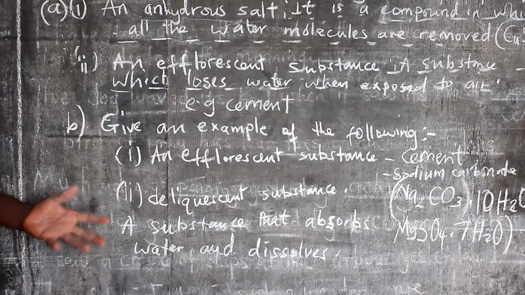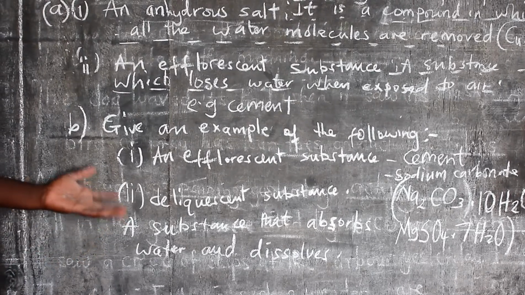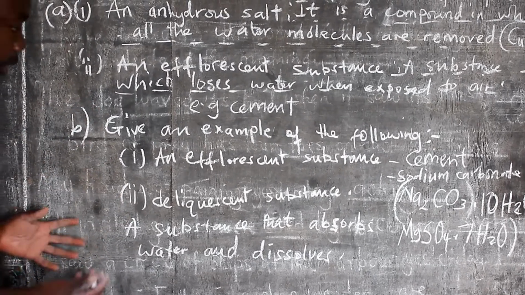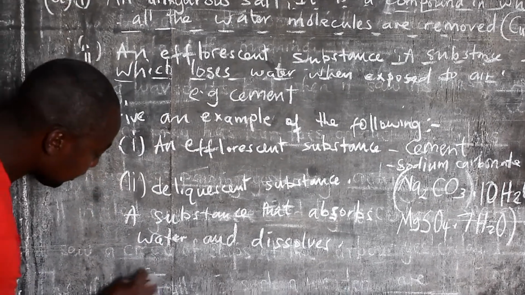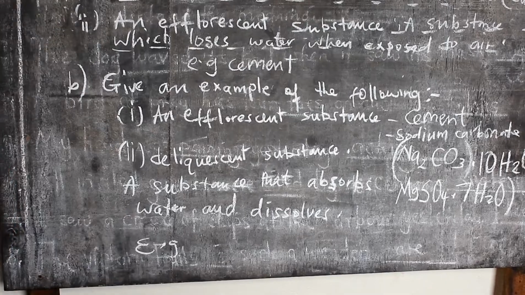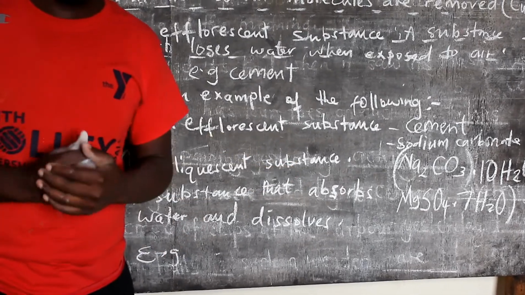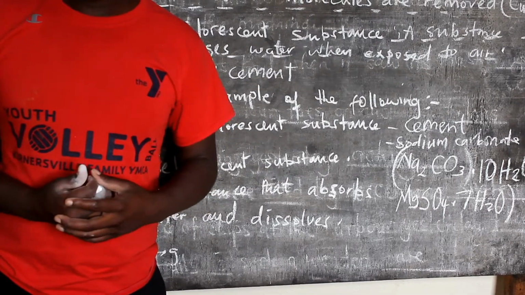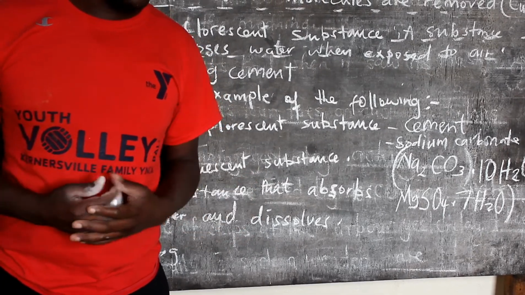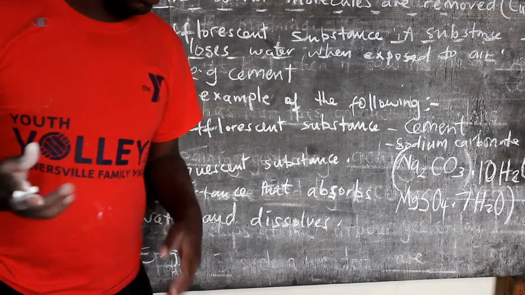There are many examples I can give you on the deliquescent substances. Since we are asked to give examples, I'll give you examples of such substances. They are in 3 categories. We have nitrates, we have hydroxides, and we have also sulfates.